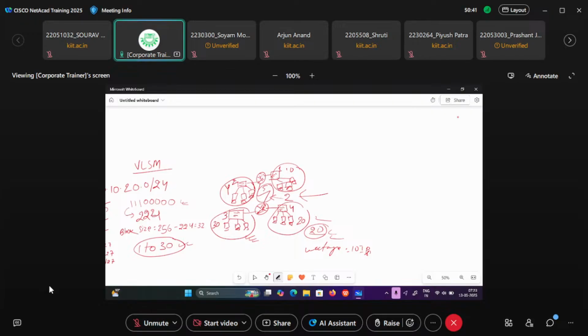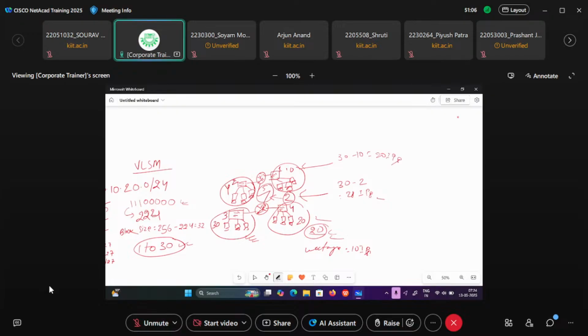For router to router, only 2 IPs are required for the hosts. You got the 30 IPs, so 30 minus 2, 28 IPs will be wasted. In this case, you require only 10 IPs for the hosts, so 30 minus 10, 20 IPs will be wasted.